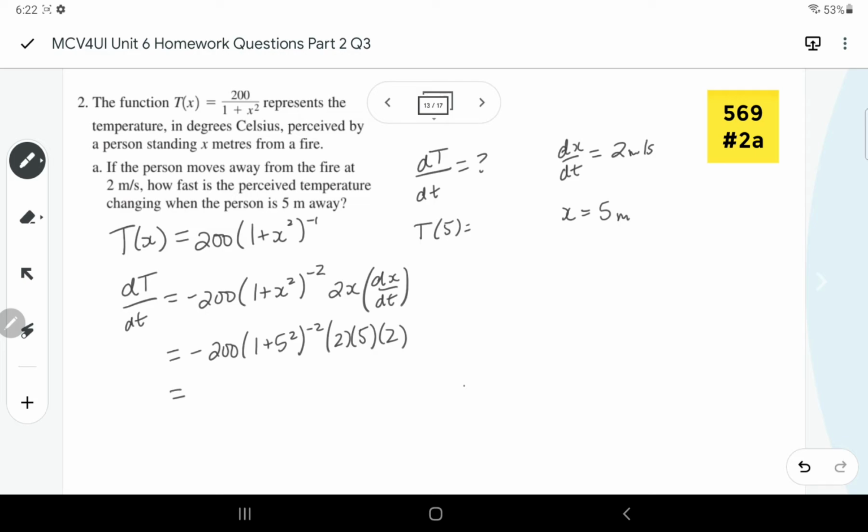Just be careful when you're typing this in on your calculator about which things are going to stay on the top and which ones are going on the bottom. 1 plus 5 squared is 26 on the denominator, squared. But if you just did the negative exponents, that would work out just fine as well.